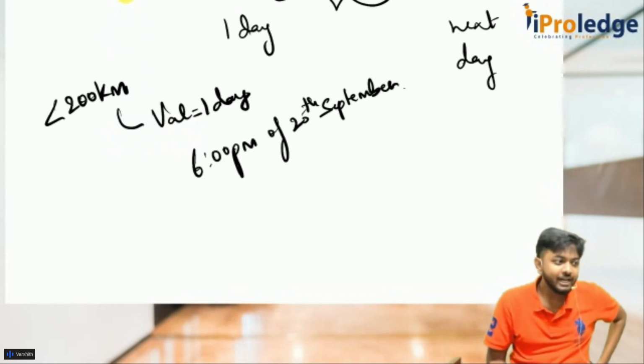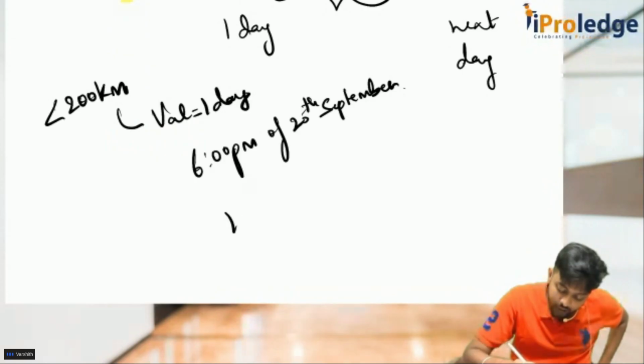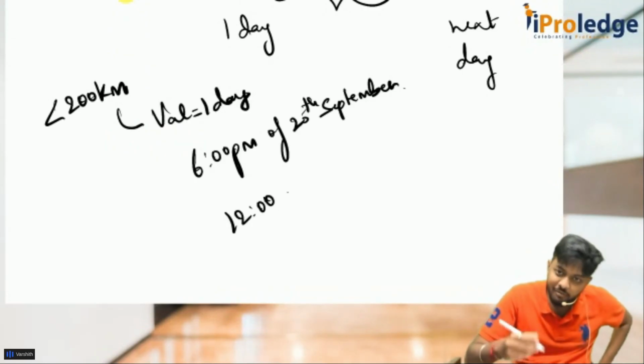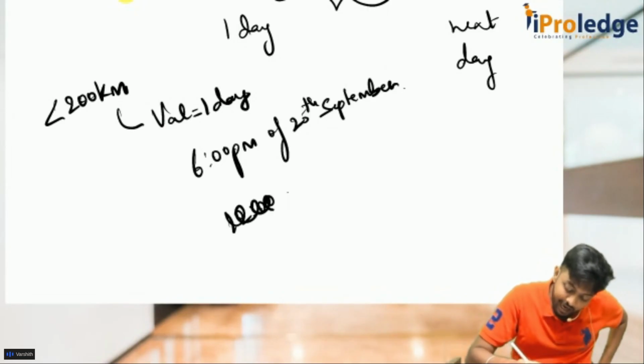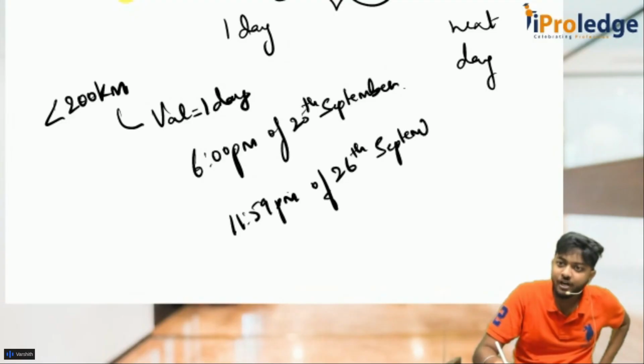Tell me the date. So it will get over on 12 a.m., sorry, 11:59 p.m. of 26th September. All of you understood?